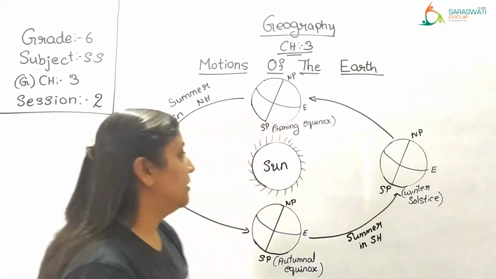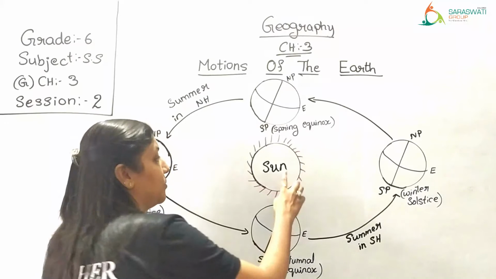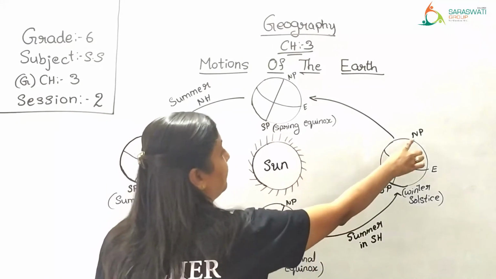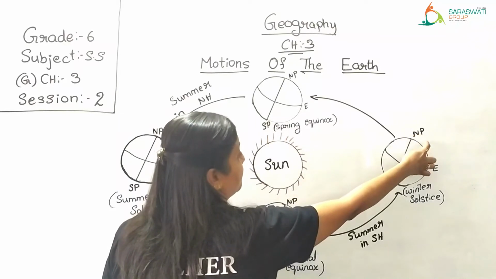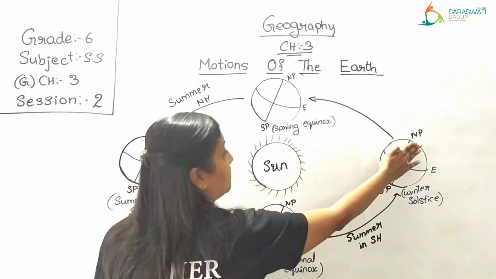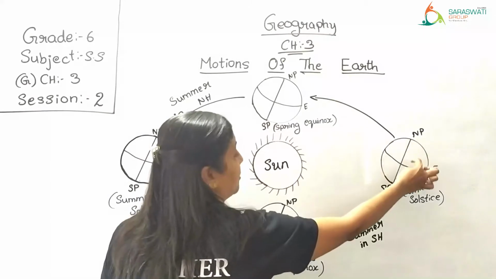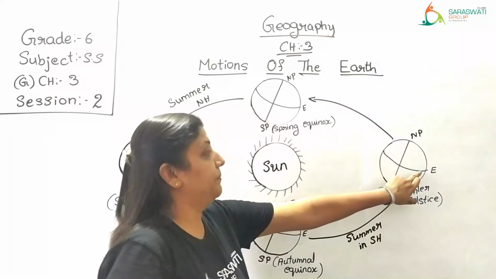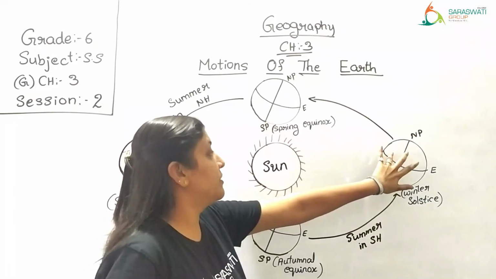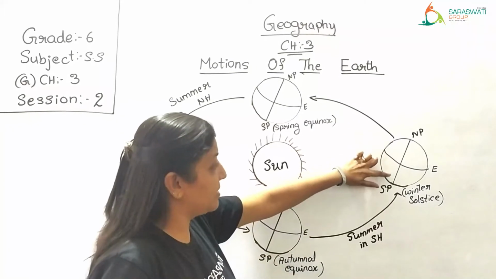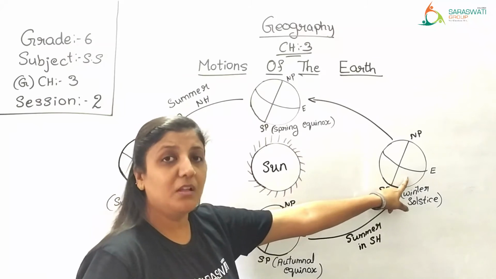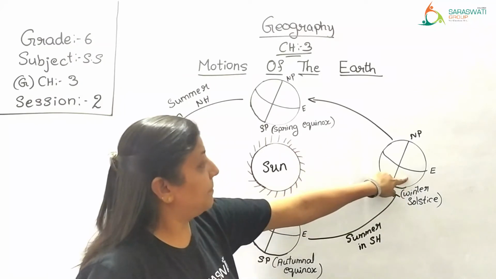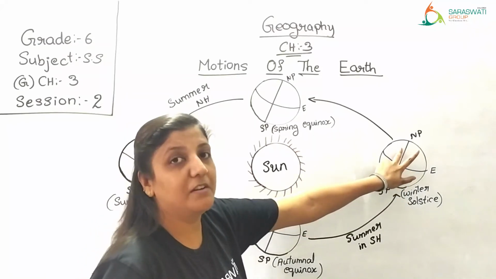See here, just a general idea that I'm giving you. Here is the sun. Now the North Pole is tilted towards the outer side. So in this part of the earth, this is the equator passing, since the southern hemisphere, that is the lower part, is towards the sun, they are having summer, but the northern hemisphere will have winter.